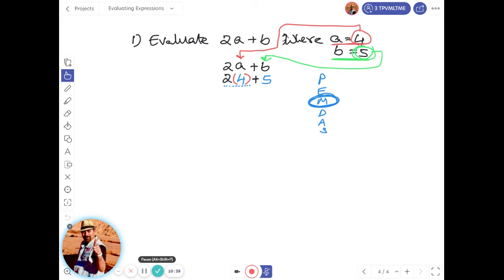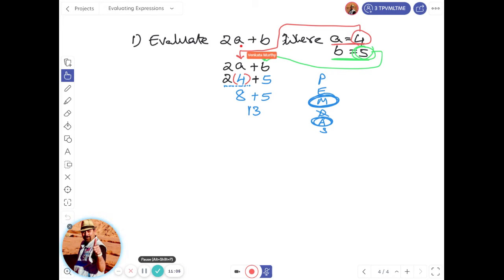Then exponents, then multiplication. Multiplication means I see that 2 times 4 here. So 2 times 4, that gives me 8 plus 5. After multiplication, no division, then addition. So what is 8 plus 5? That is 13. Let me repeat once again really quick.